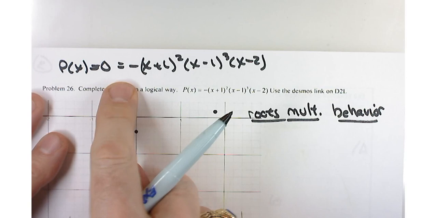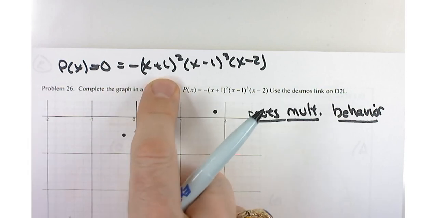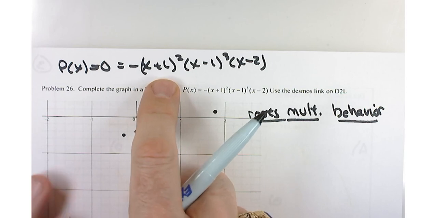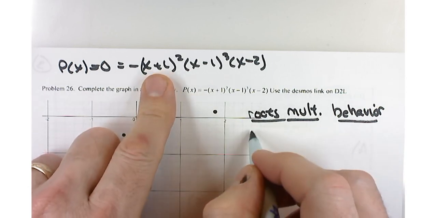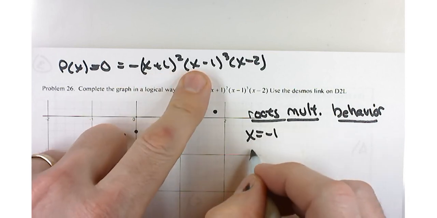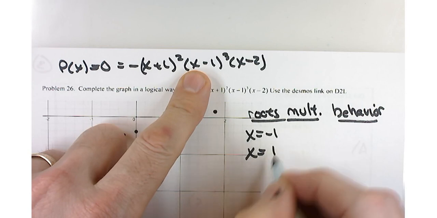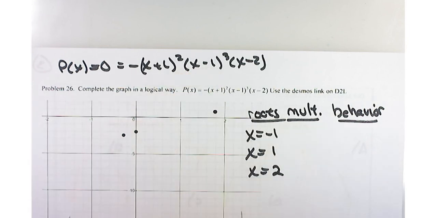And when you set this equal to 0, you really got to look where each term is equal to 0. So, Kyrene, what would make the first term equal to 0? -1. Good. Second term? +1. And the last one? +2. Perfect.